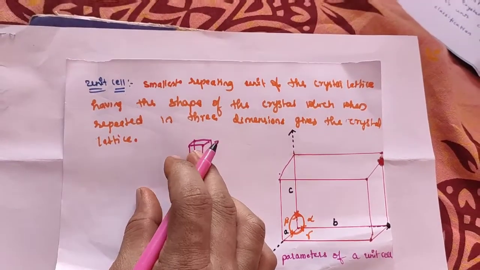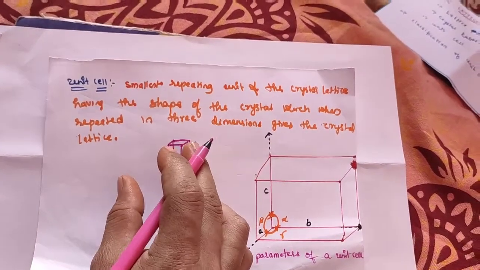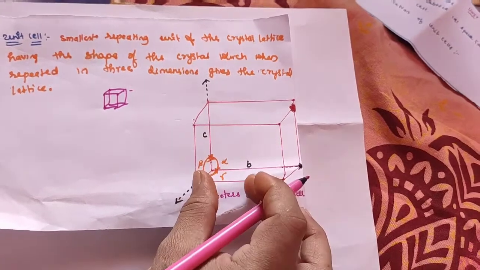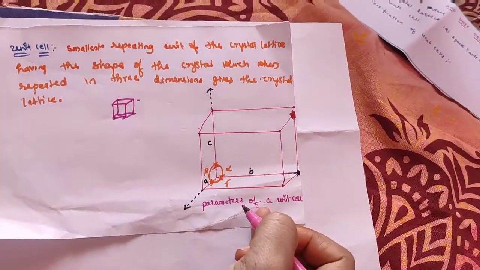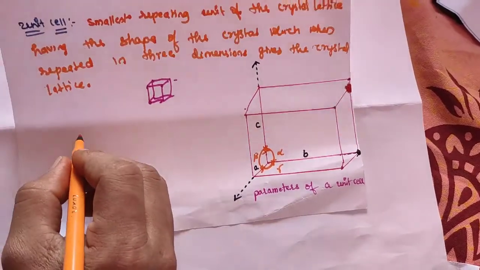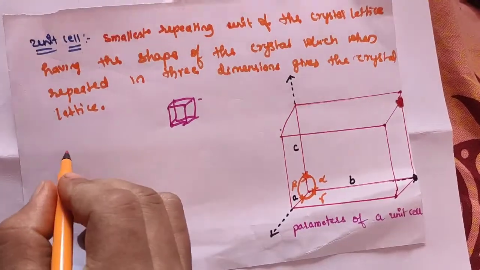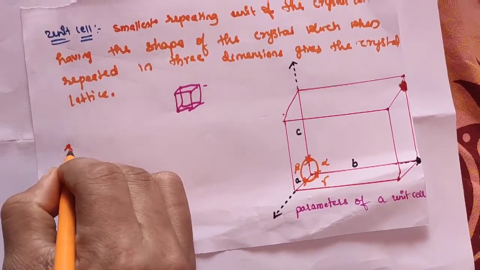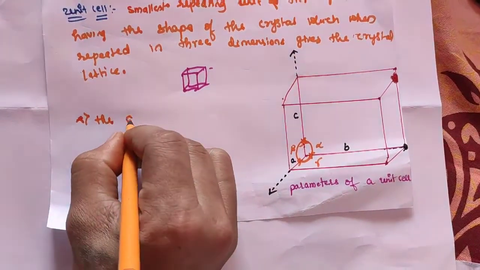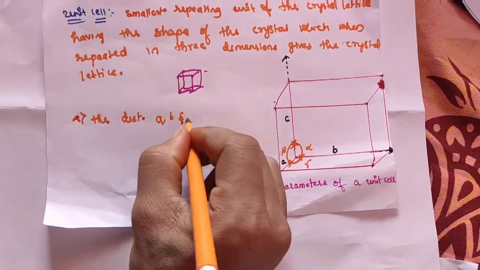In order to describe a unit cell, it is necessary to specify some points. What are these points? Now we will understand by this diagrammatic representation. These are known as the parameters of a unit cell. For this question, 3 points are noted. What is the first point?